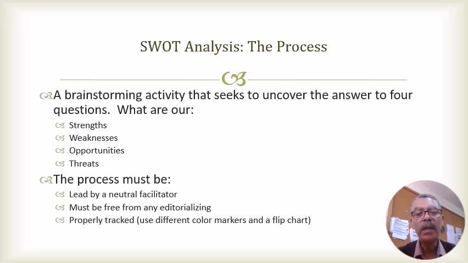So in the SWOT analysis process, you can begin with a brainstorming activity that seeks to uncover the answers to four questions. What are our strengths? What are our weaknesses? What are our opportunities? What are our threats? So you are not pointing at others or other things, but you begin with what are our strengths, weaknesses, opportunities, and threats to achieve in a better way.